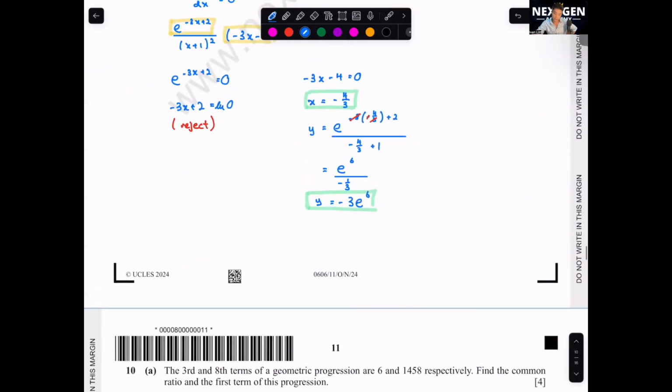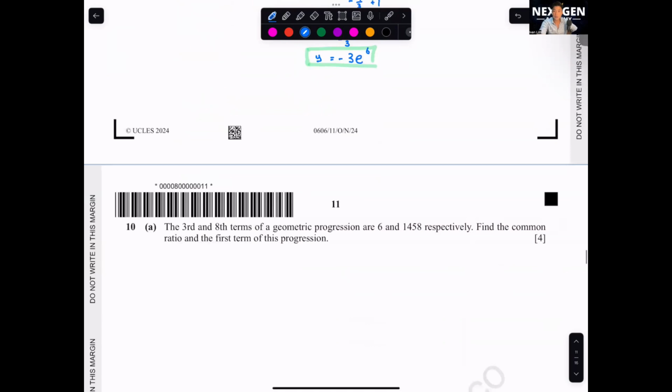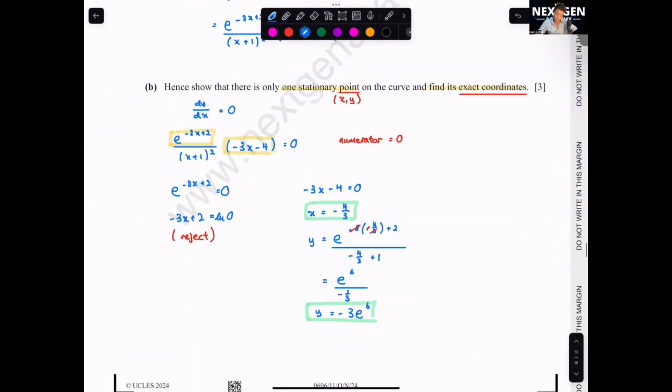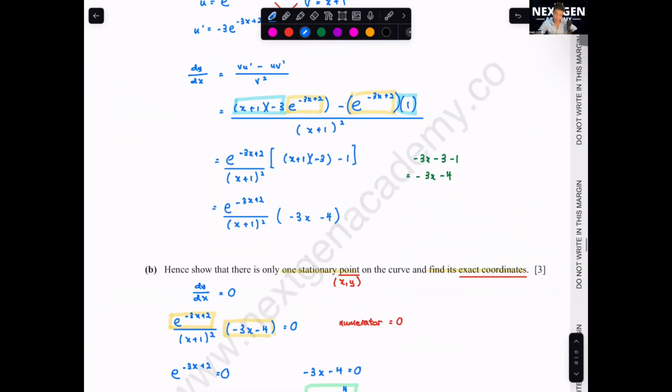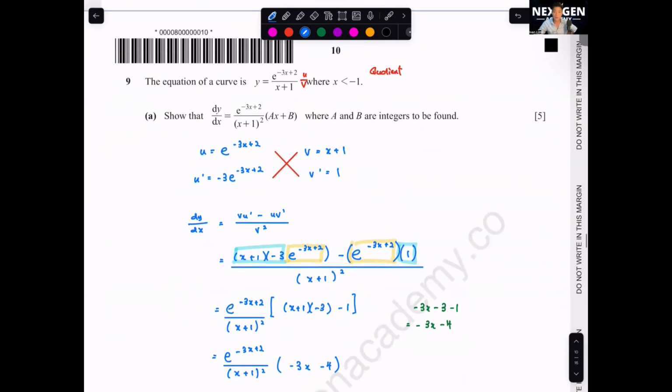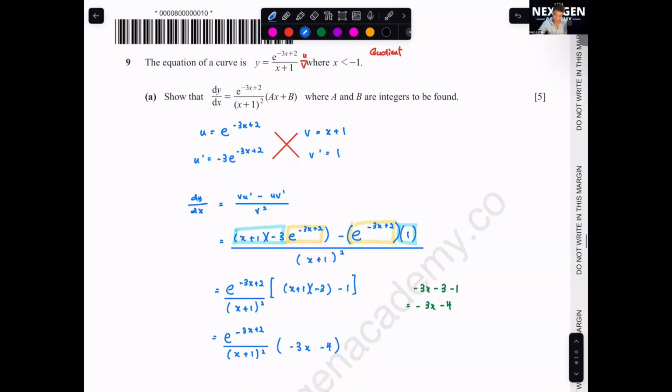Where does the negative go? Is the negative still there? Okay, first part. Where? Where got negative? Here.